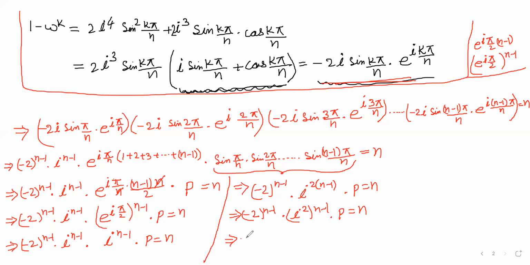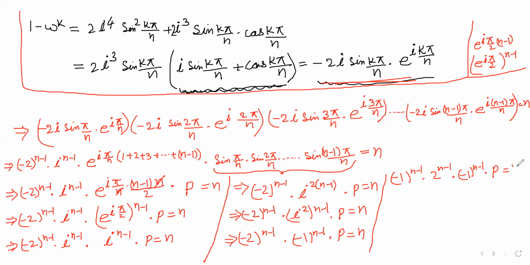Next time it is going to be minus 2 to the power n minus 1 into minus 1 to the power n minus 1 into p is equals to n. In the next step, it is going to be minus 1 to the power n minus 1 into 2 to the power n minus 1 into minus 1 to the power n minus 1 into p is equals to n.